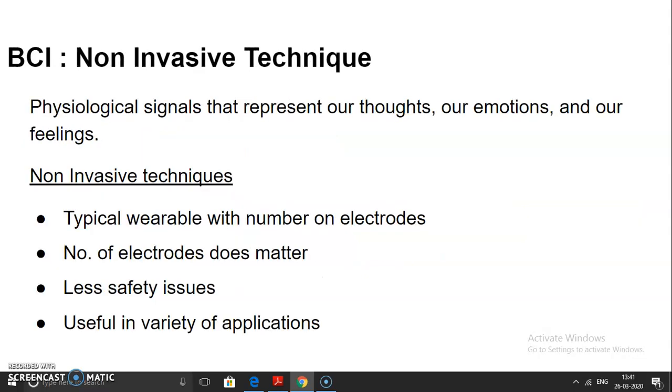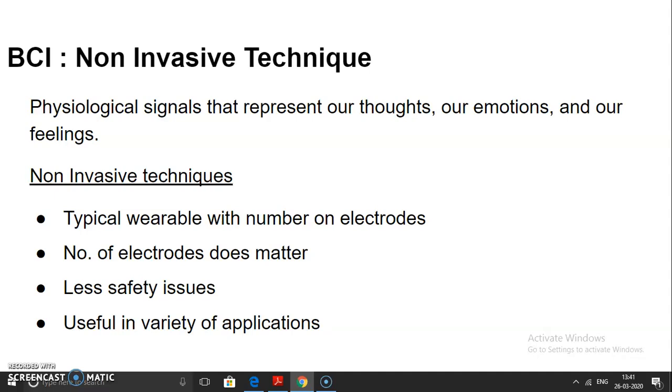Now, the next technique under the BCI is the non-invasive technique. Under this technique, there is no need to implant a device or sensor near the brain. It is the alternative option to the first, invasive technique. The invasive technique purely belongs to the implant device category.